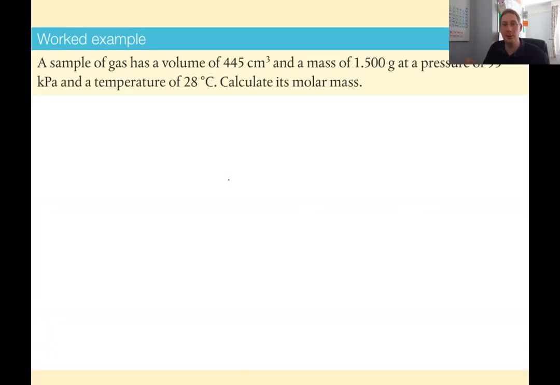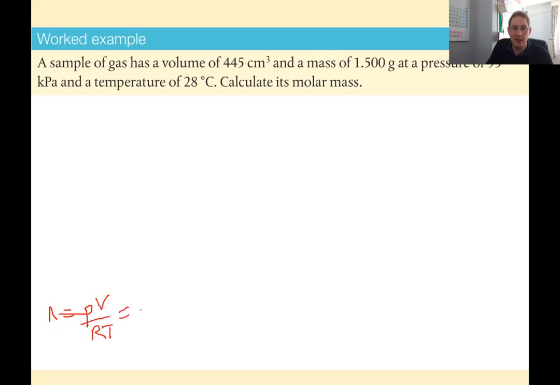Here's another example. A sample of gas has a volume of 445 centimeters cubed and a mass of 1.5 grams at a pressure of 95 kilopascals and a temperature of 28 degrees C. Calculate its molar mass. Again, what are we given? We're given V, the pressure, and the temperature, so we're going to have to work out n. So n equals PV over RT.